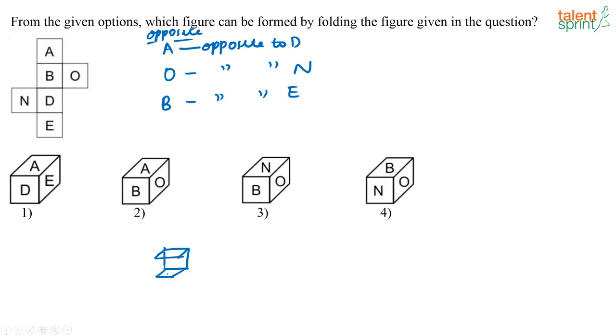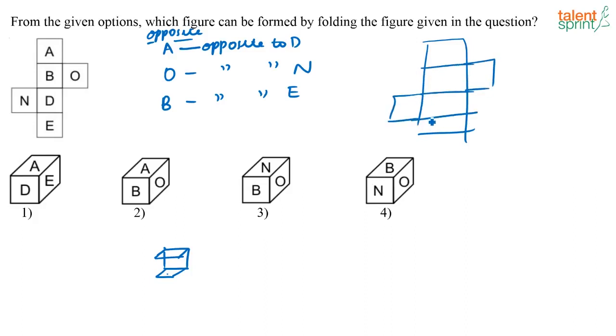You just draw this and put numbers 1, 2, 3, 4, 5 and 6. Once you get the hang of it, it's very easy actually. If I put 1, 2, 3, 4, 5, 6 like this and fold it, you will know 1 will be opposite to 4.